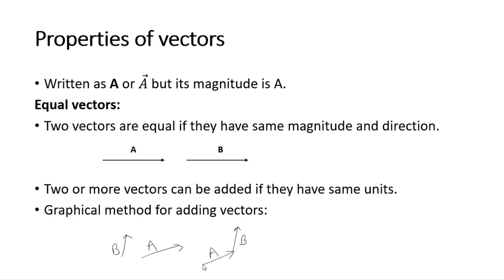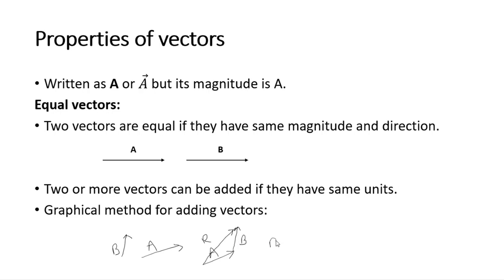Then the resultant vector, the vector after adding them, will be, for example, R. Here we need to follow the head to tail rule. The tail of R and A coincide, and the head of the last vector B and the resultant head should be in the same direction.